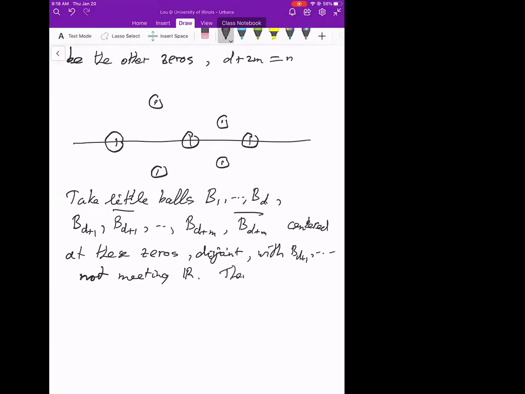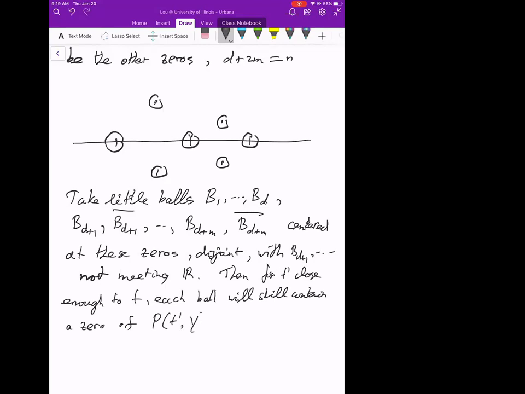So then let me say it this way: for t prime close enough to t, each ball will still contain a zero of p(t',y).